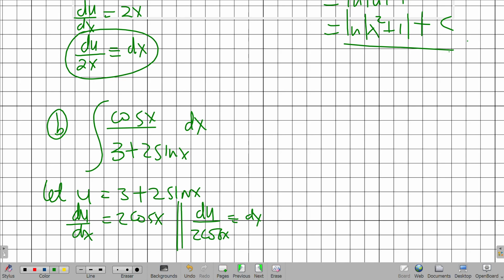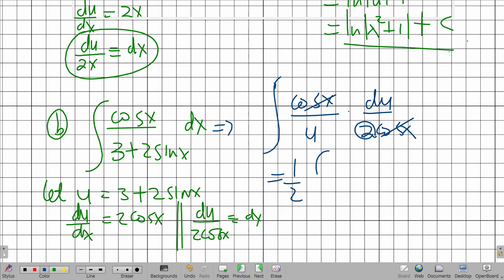This implies that this is going to be the integral of cos x divided by u, because that automatically becomes your u, and then we have du over 2 cos x, and this cos x and this cos x cancel. We are left with, so I would rather take these two outside the integral, since it's a constant, it becomes 1 over u du. So our final answer is half natural log of u plus c.